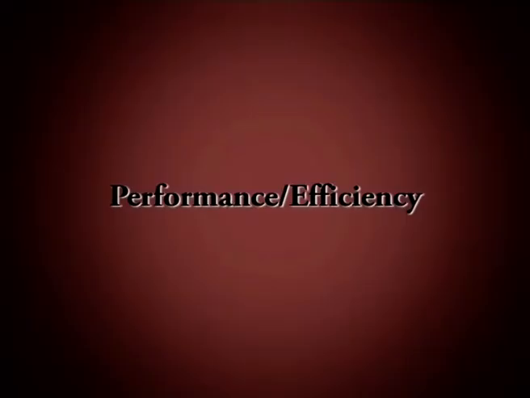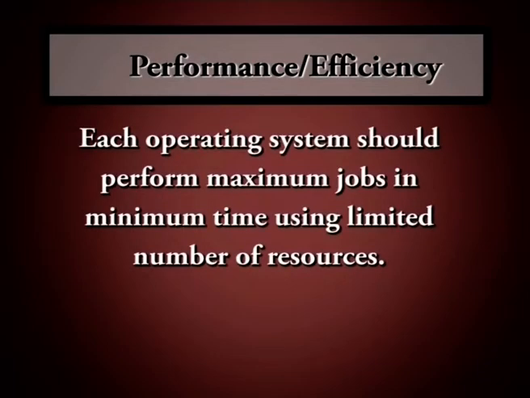First is performance or efficiency. This is one of the most important factors while designing any operating system. Each operating system should perform maximum jobs in minimum time using limited number of resources.